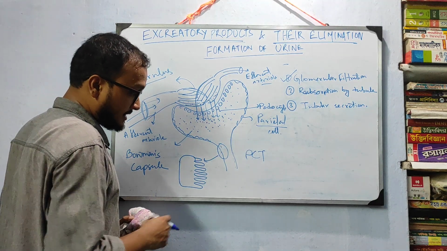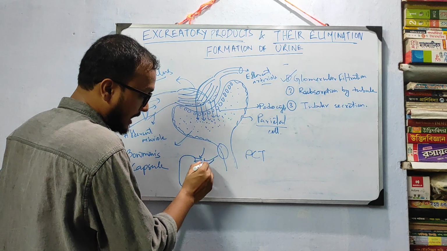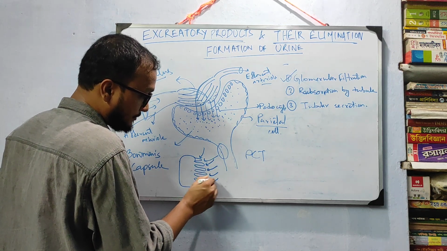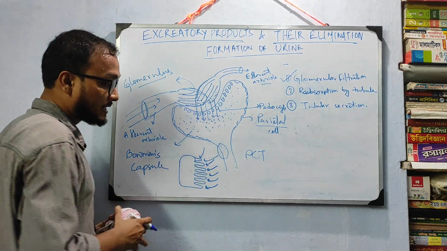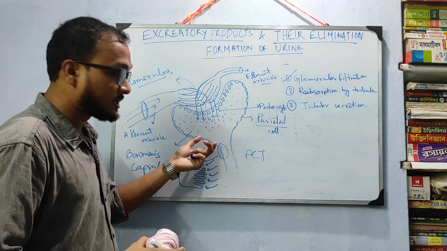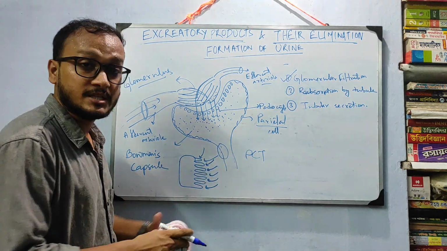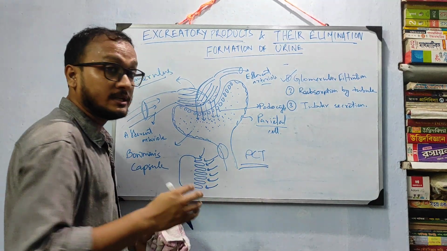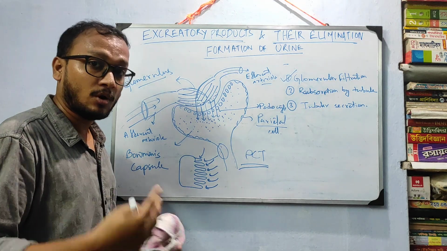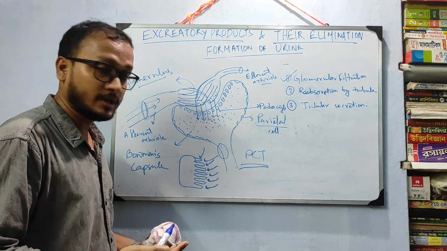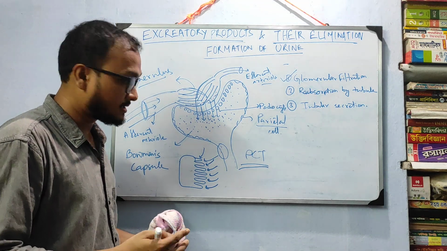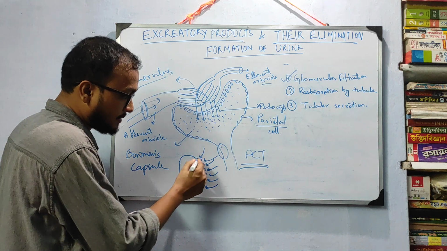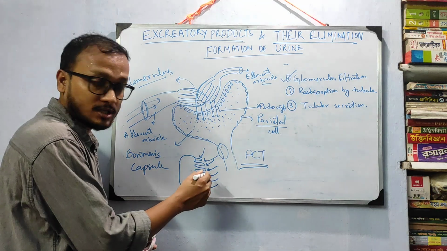Why do they have a brush-like structure? So that they can absorb a high amount of inorganic salt and water. Those things can be absorbed in the PCT region. To increase the surface area, to absorb a high amount of those things in a unit time, they have a brush border structure.